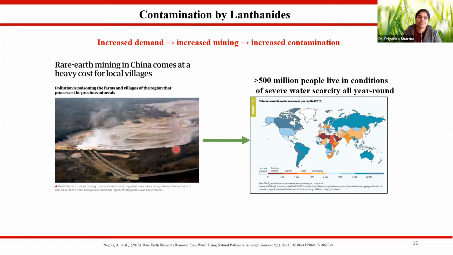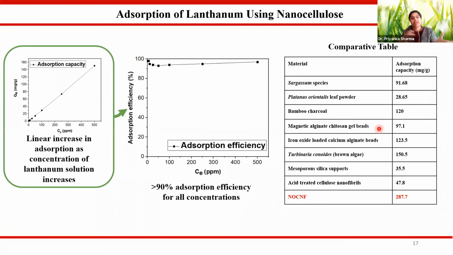As you can see in this photograph, this is the mining area of the lanthanum mines in one of the areas in China. And along with that, the whole world is facing water scarcity. So it is important to recover lanthanum from the water, so that we can compensate the use of lanthanum on the earth, as well as save our environment by lowering the mining of this lanthanum ion.